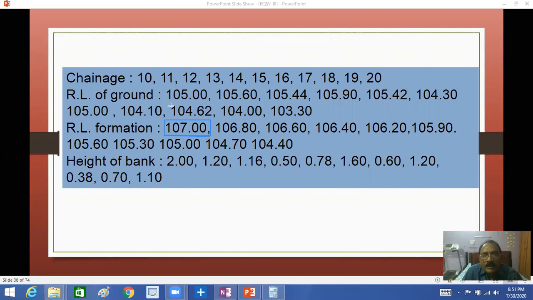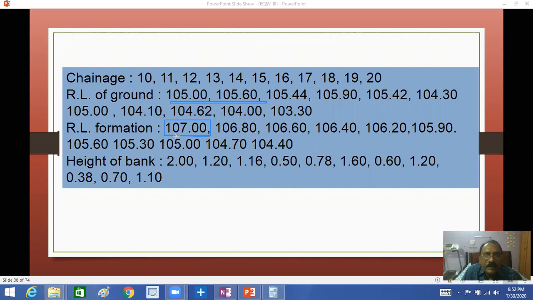Then downwards it reduces like this. The ground level is given. We know the RL and the formation level.